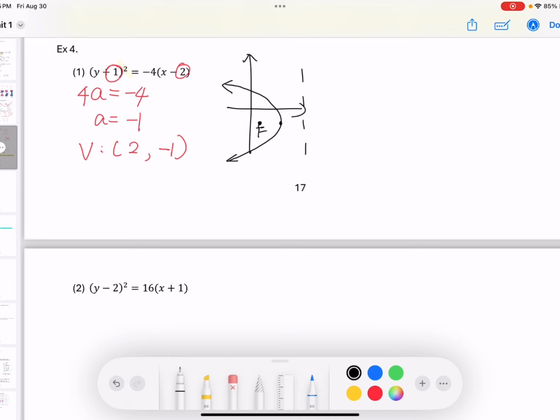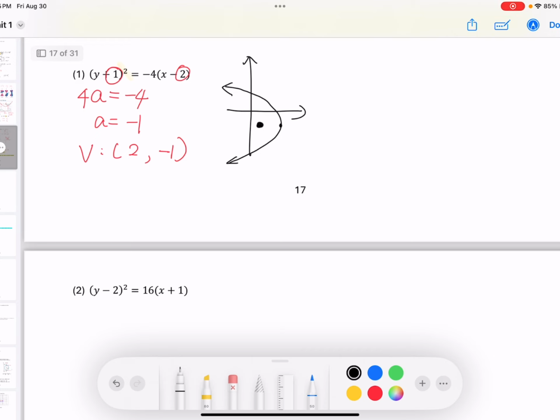I shouldn't graph this early; I just make a sketch. I don't know where my focus or directrix is, but I'm sure my parabola hugs my focus, so I must have my focus on the left. The focus and the vertex have the same height, that means the same y value, so y is -1.